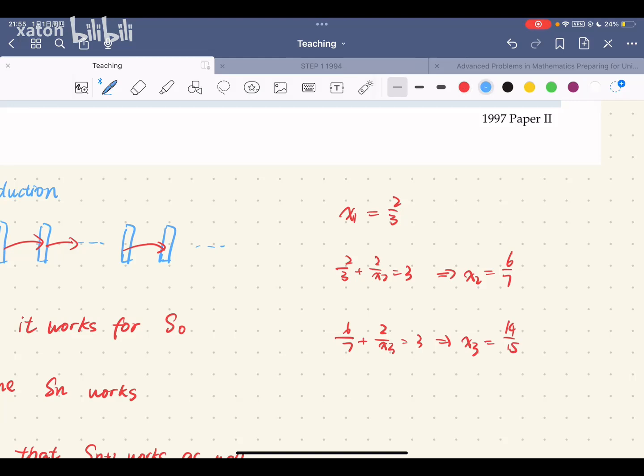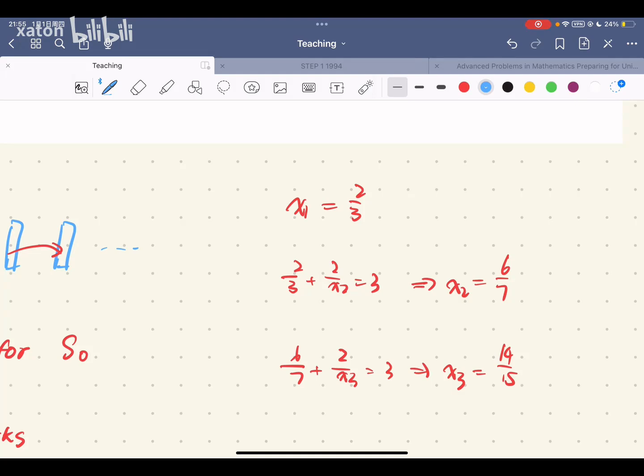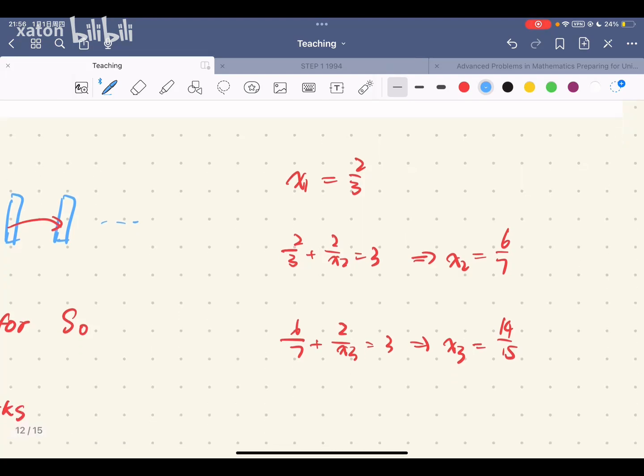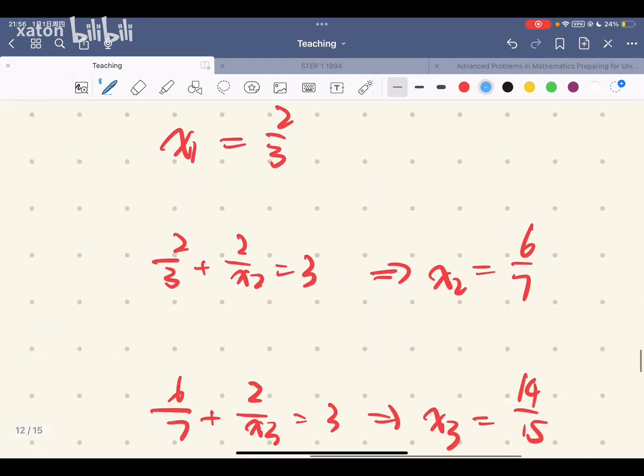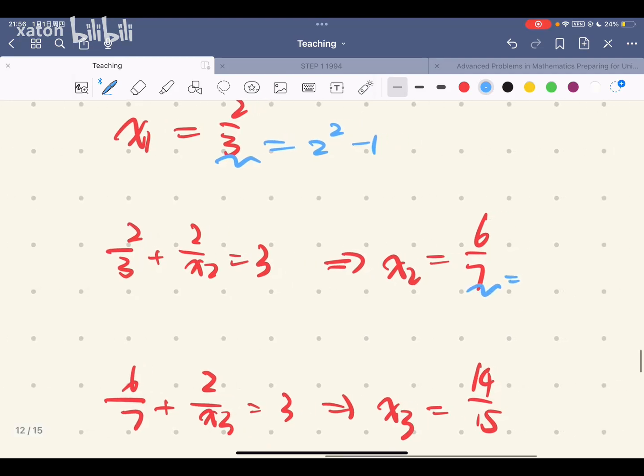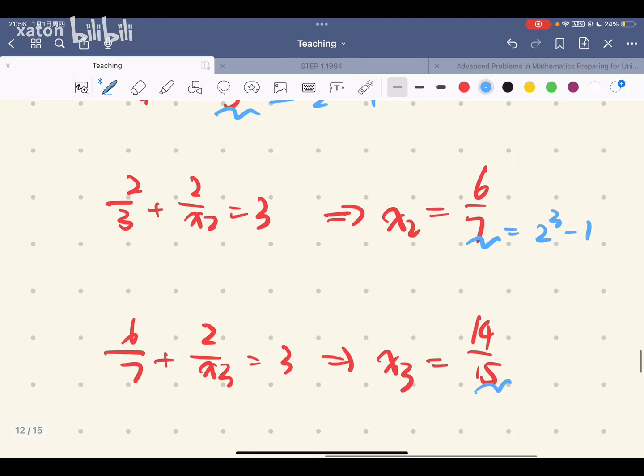First of all, it is obvious that the denominator is 1 greater than the numerator. And the 3, 7, 15 show another pattern: they are powers of 2 minus 1. So 3 equals 2 squared minus 1, 7 equals 2 cubed minus 1, and 15 equals 2 to the power of 4 minus 1.